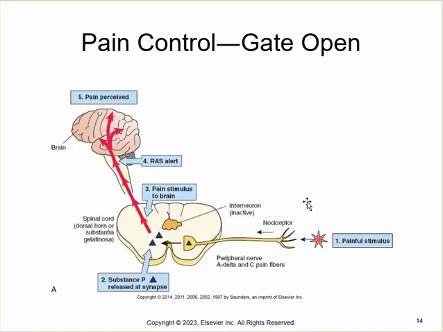And there is a break between the two sets of nerves that carry that, the peripheral nerves and the spinal cord nerves. There are also a bunch of interneurons that are in the area, but really do nothing when the gate is open.